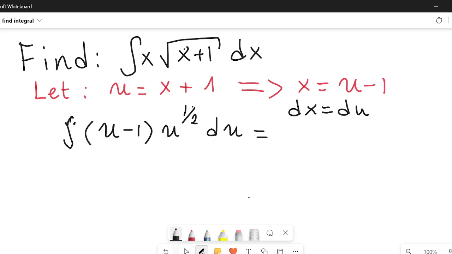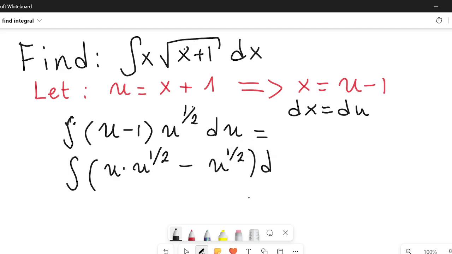Now I'm going to work with this integral by multiplying. I'm going to distribute that. So it's going to be u times u to the power 1 over 2 minus u to the power 1 over 2 du.